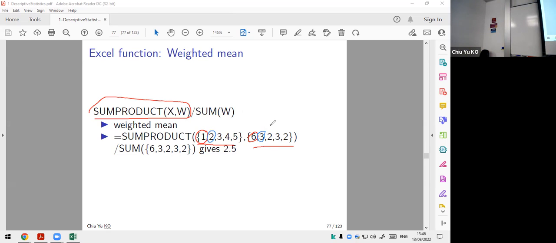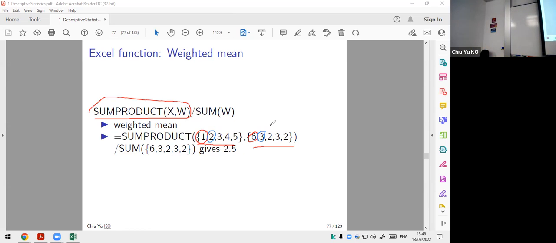That's exactly what happens for the weighted mean, right? Each observation is multiplied by its own weight and added together, and the denominator is the sum of the weights. That is exactly what is going on. That is why we need to learn all this, because the Excel spreadsheet, unfortunately, doesn't have all the functions you need.